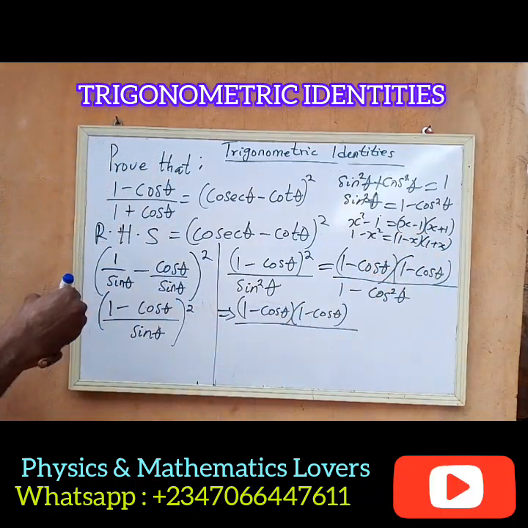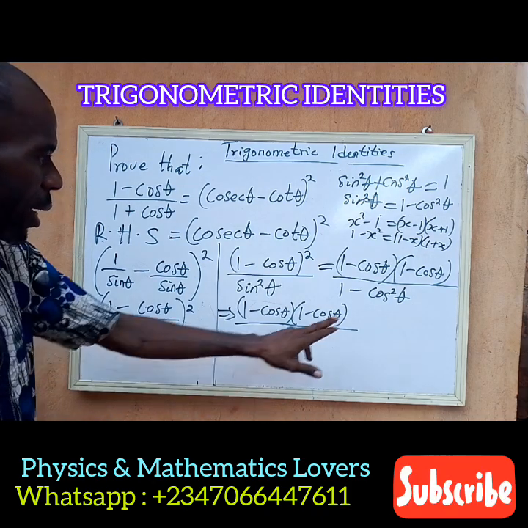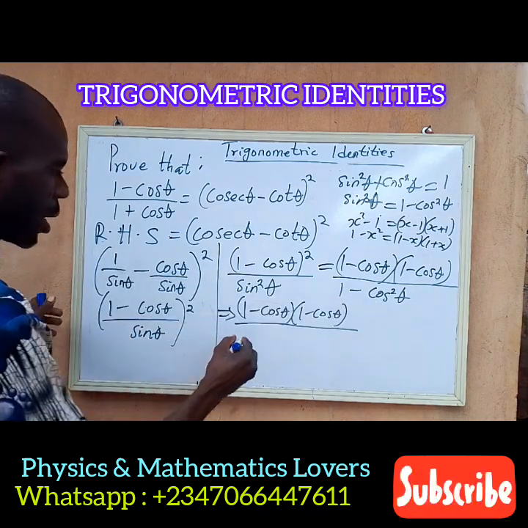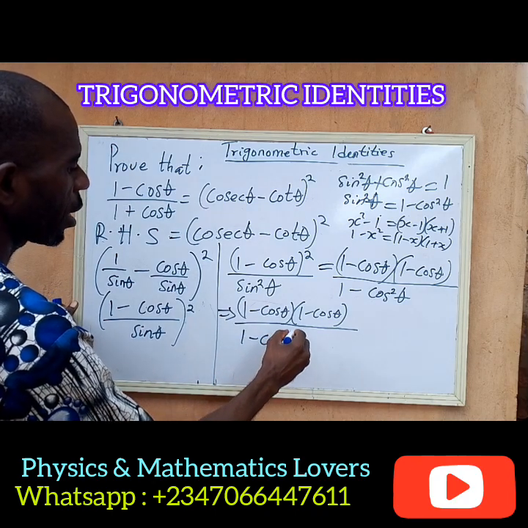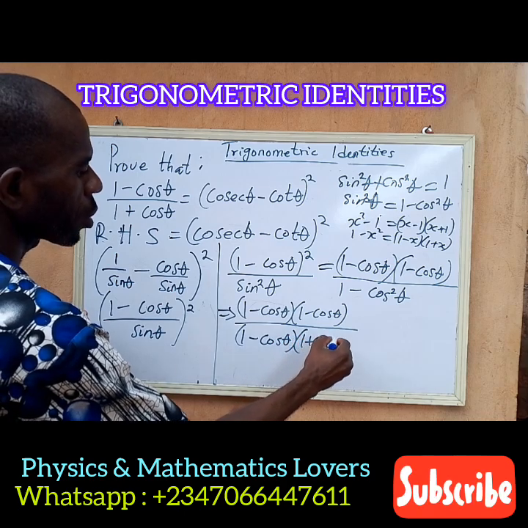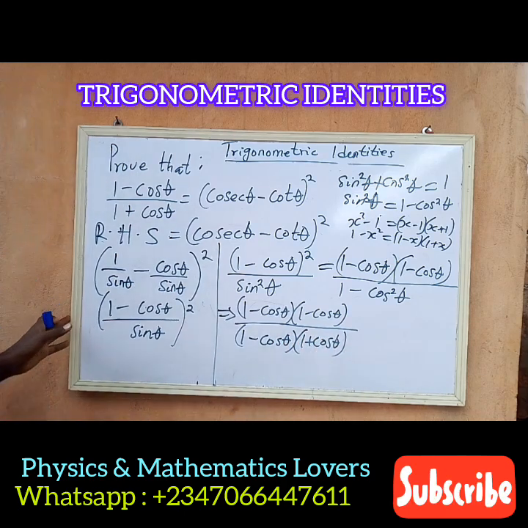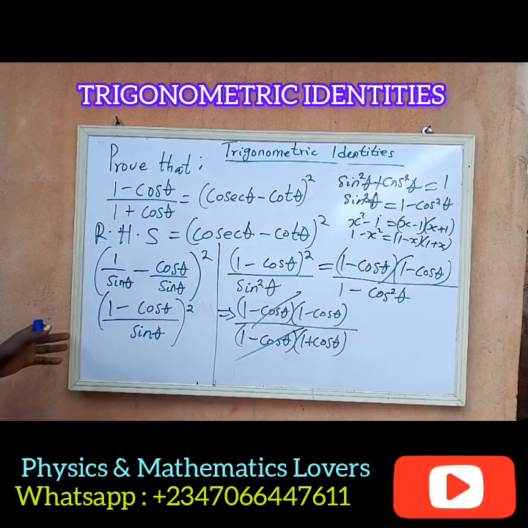Since addition is commutative, we are going to apply that here. So we are going to have 1 minus cos theta, then 1 plus cos theta. At this point we have 1 minus cos theta here, and this one takes care of that.